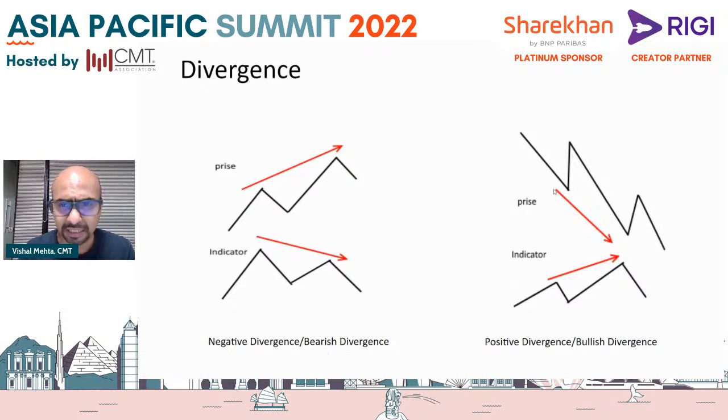Similarly, on the other hand, if the prices are going down, you would expect the momentum to also go down. But in this scenario, the momentum is actually going up. That tells you the speed with which the index or the stock was falling is not falling that much. So there is a higher probability that the market will reverse.